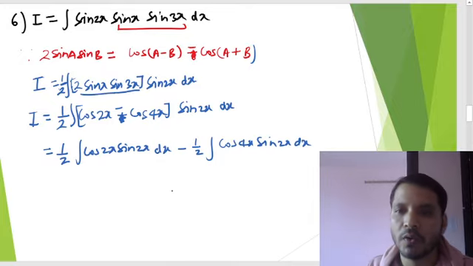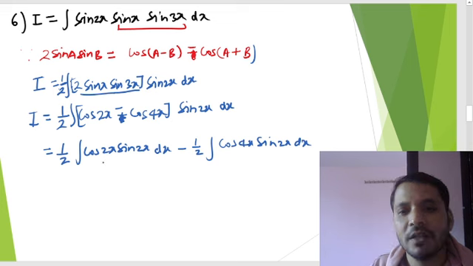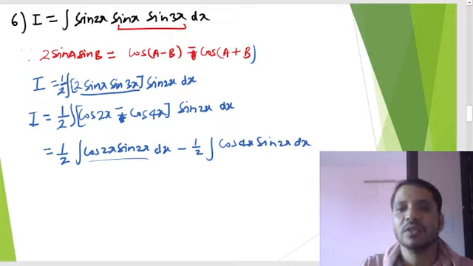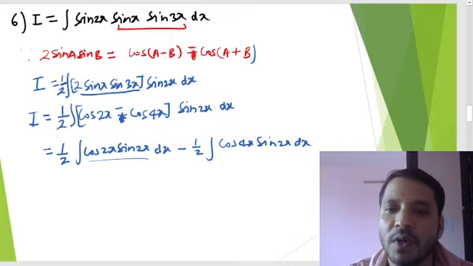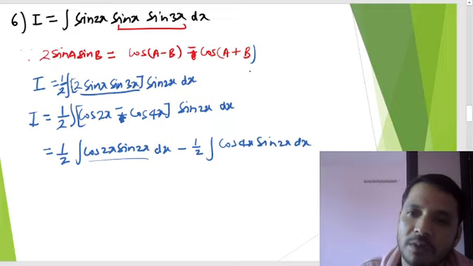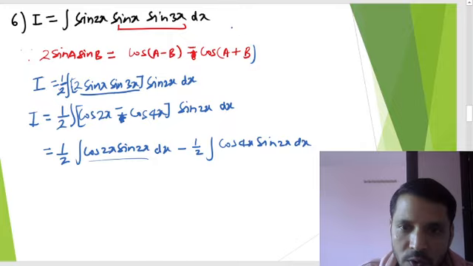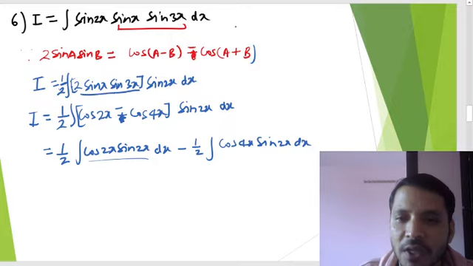So what we can do here, again we need to apply the formula on these terms, because it is the product of two trigonometric ratios, sin a into cos b. So again we need to first multiply and divide it by 2, and we know the formula of sin a into cos b.